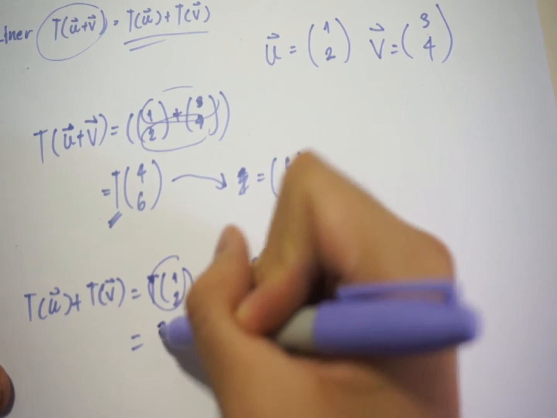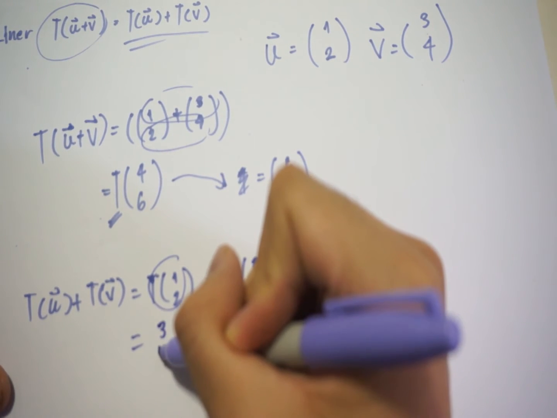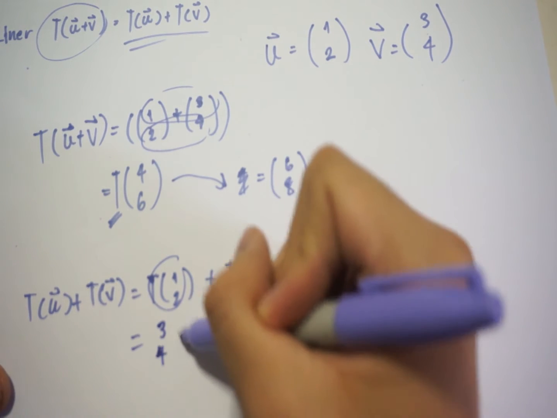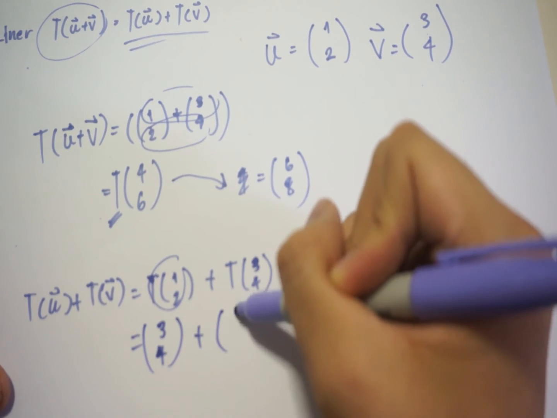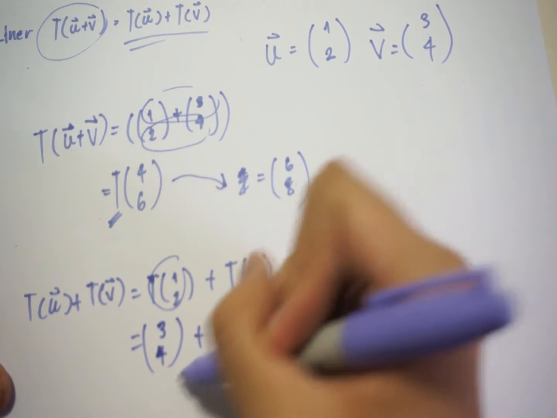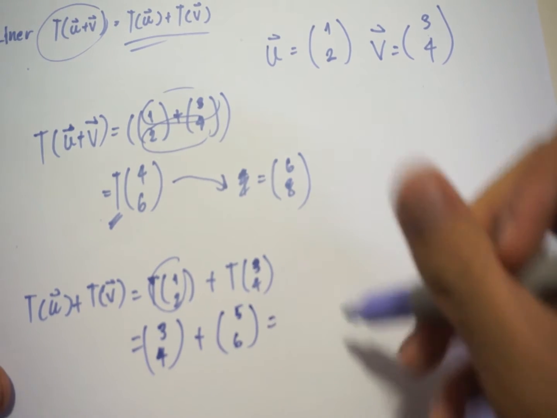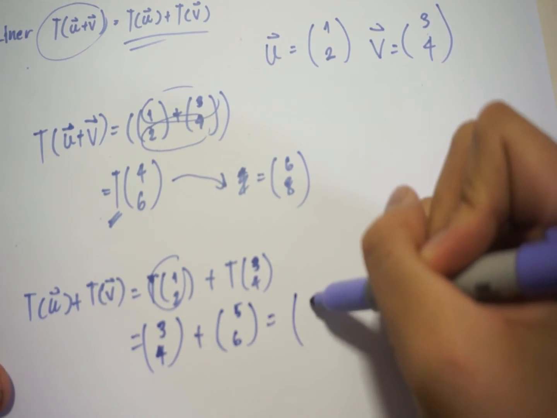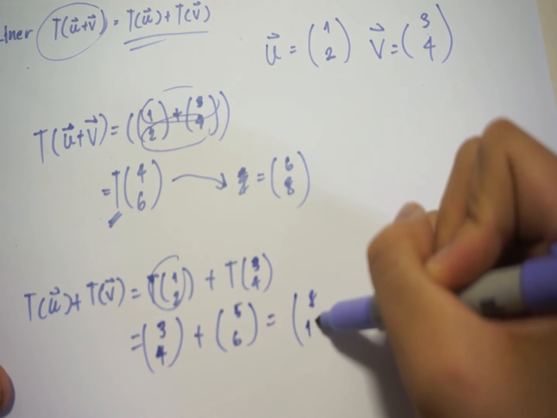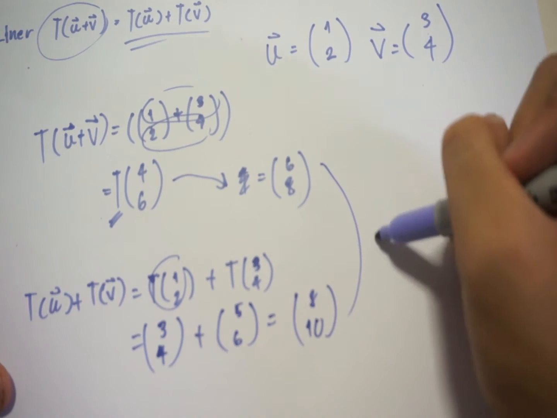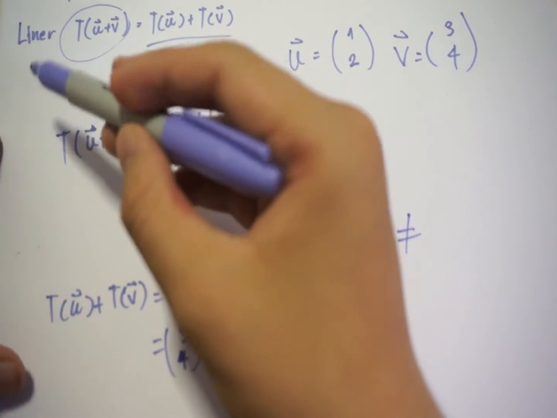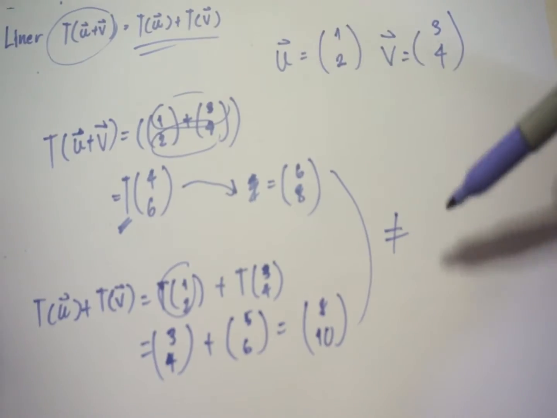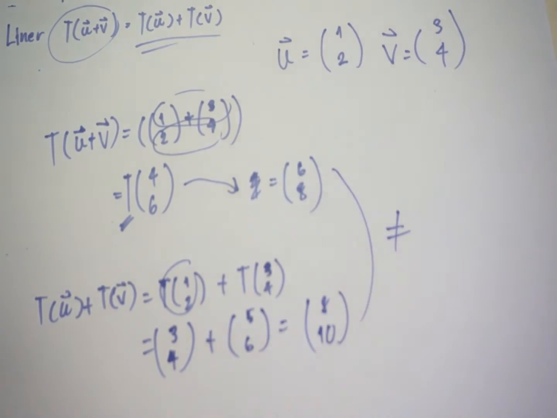It will be 3, 4, and then this is gonna be 5, 6, and when you add them together, it is much greater than the original one, so it's not equal. Then that means this does not have linear correlation.